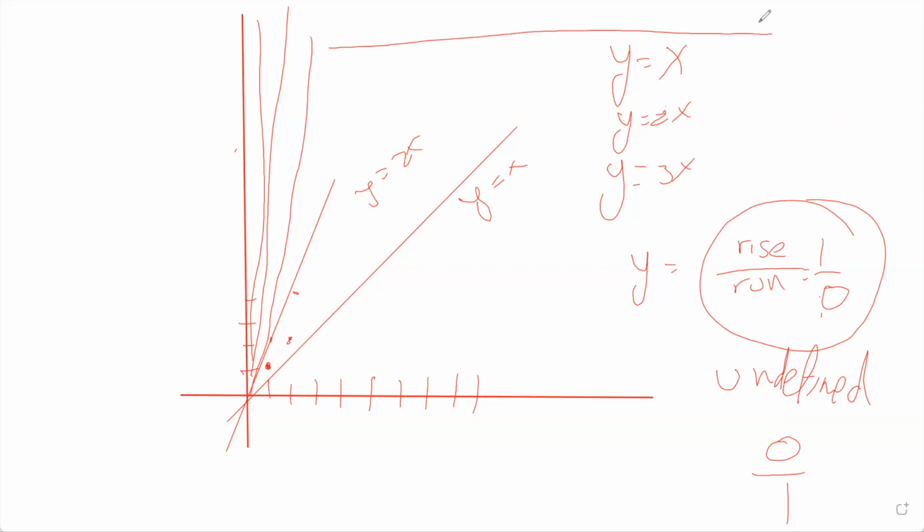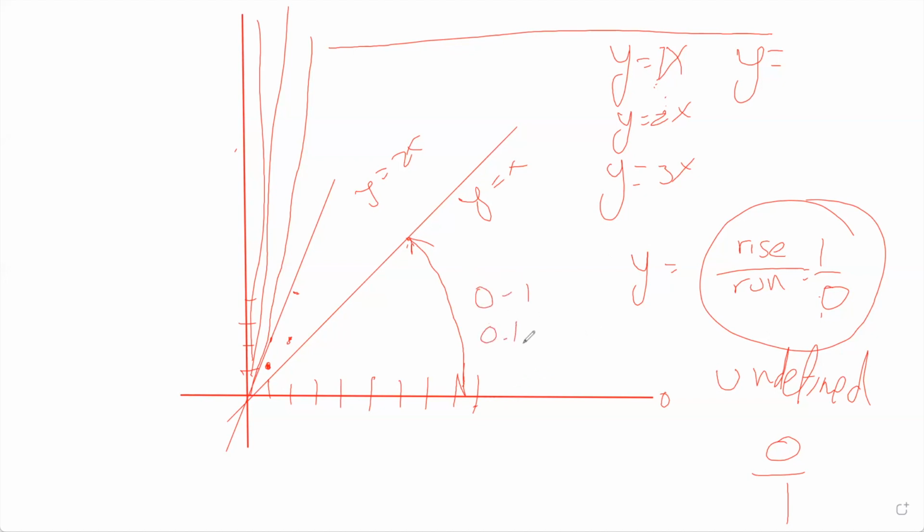Okay, so now you'll ask me, sir, you told us that when y equals 1x, that means the m is 1, this is exactly 45 degrees. When it's 2, it becomes steeper and steeper. So what is the value of the slope between this one and this one? Because this is 0. So the slopes between here and here are between 0 and 1. What is between 0 and 1?